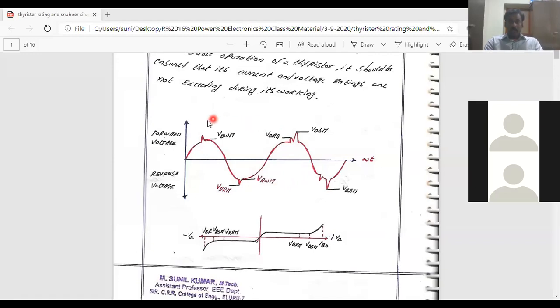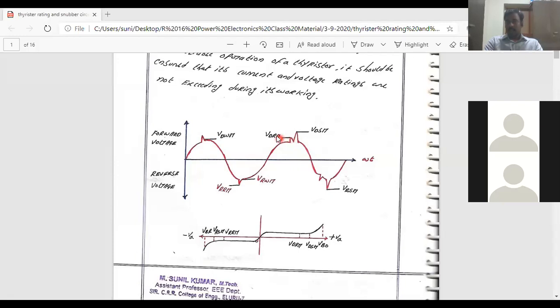Okay, so in this waveform you may consider three types of voltages, three magnitudes of voltages, isn't it? The upper part represents the forward voltage and the lower part of the axis represents the reverse voltage. Here you have a voltage value defined by this line, and another voltage defined by this peak value here.